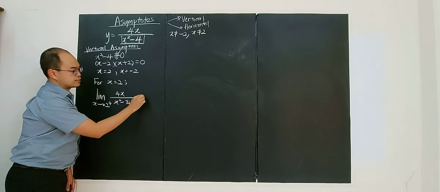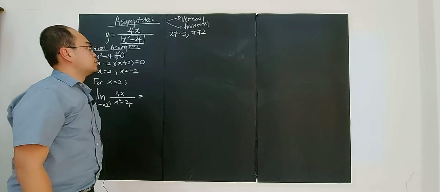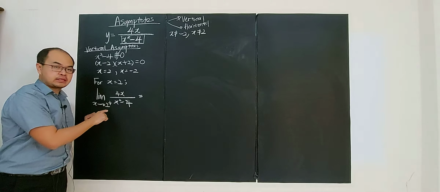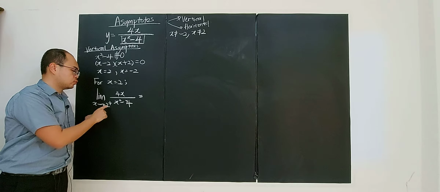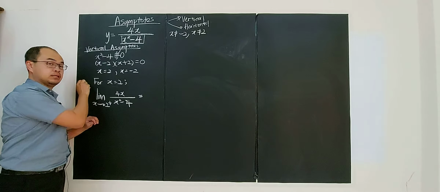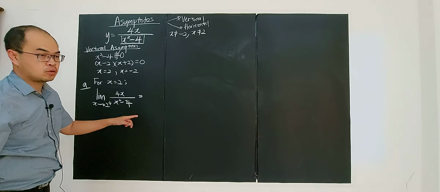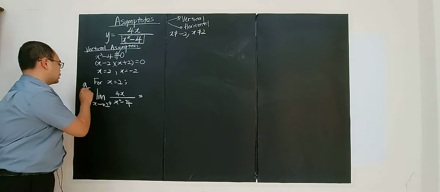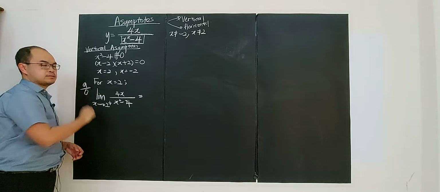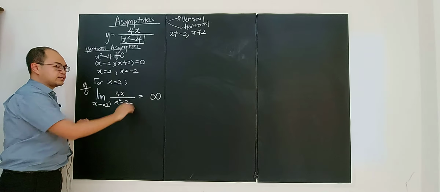You can evaluate it intuitively. If you put 2 here, you have 4 times 2, which is 8, a number. And 2 squared minus 4 is 4 minus 4, which is 0. So it is a number divided by 0. For this type of case, the limit will be infinity.